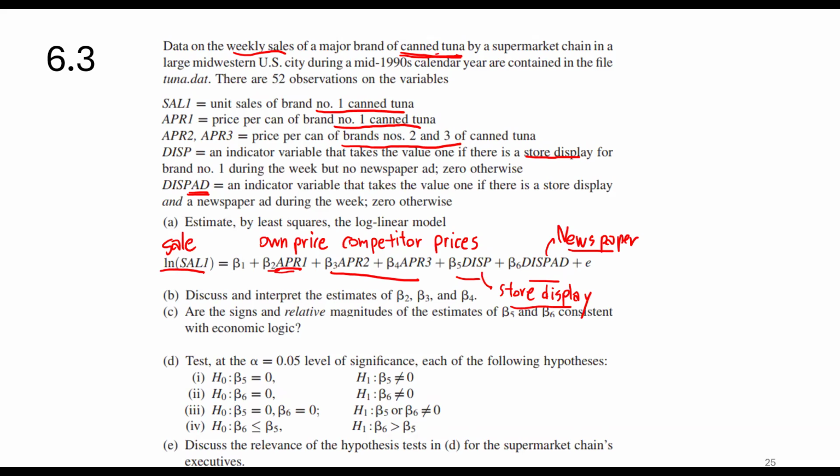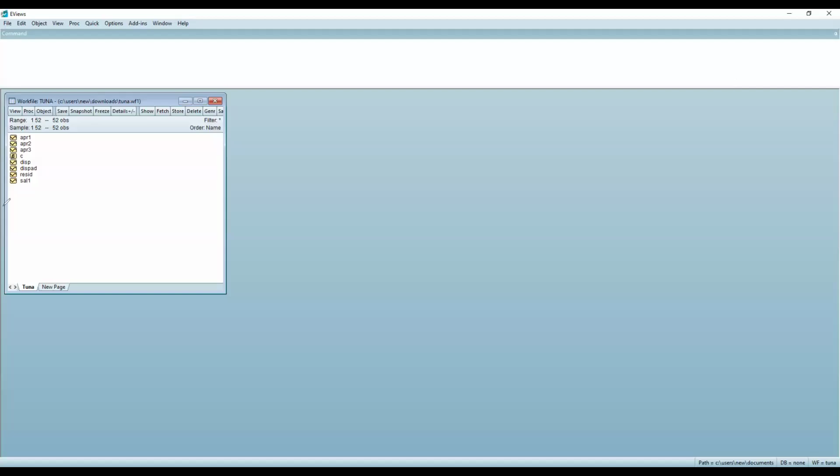Okay, and the equation that you have to do is sales 1, C, APR1, APR2, APR3, and then display and display advertisement.